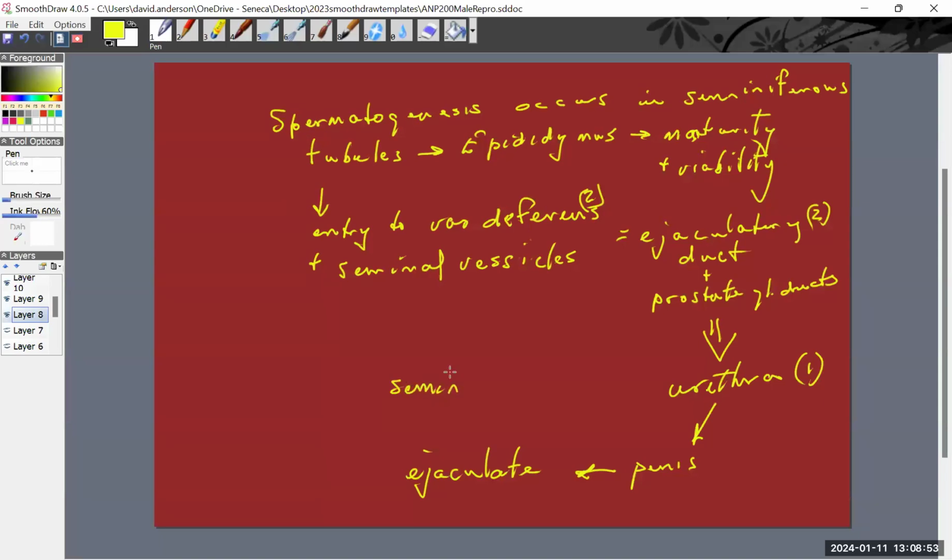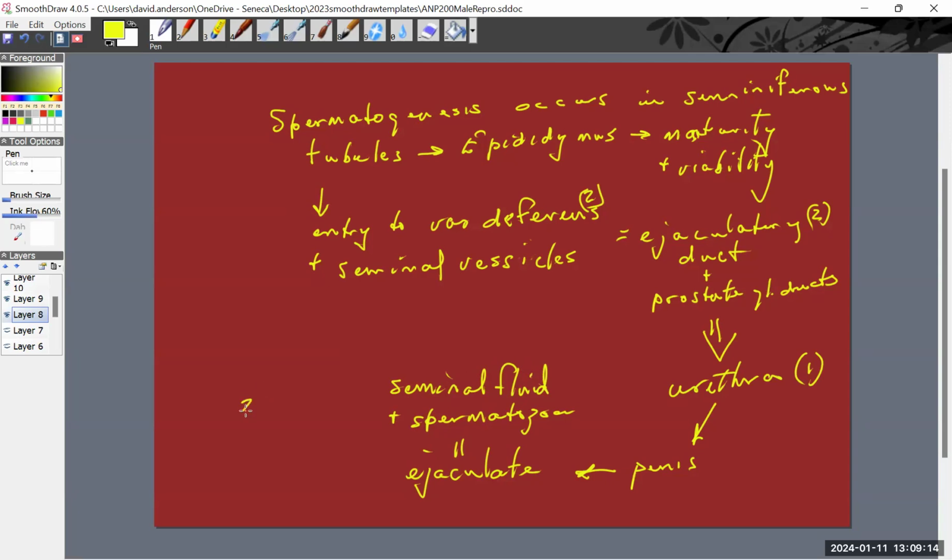Seminal fluid plus the spermatozoa is what the ejaculate is described.